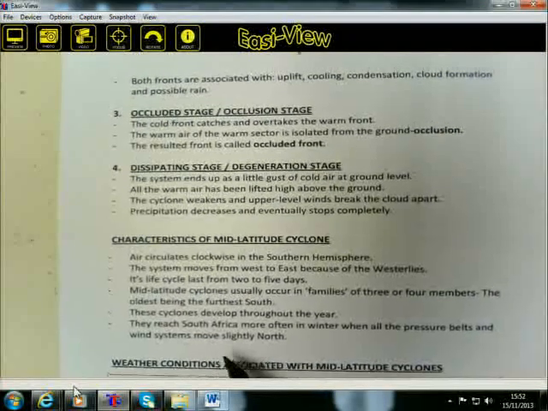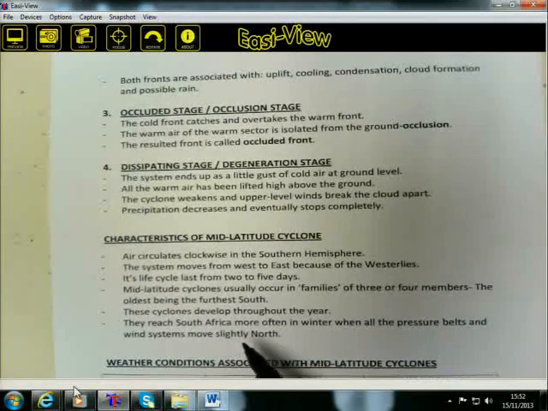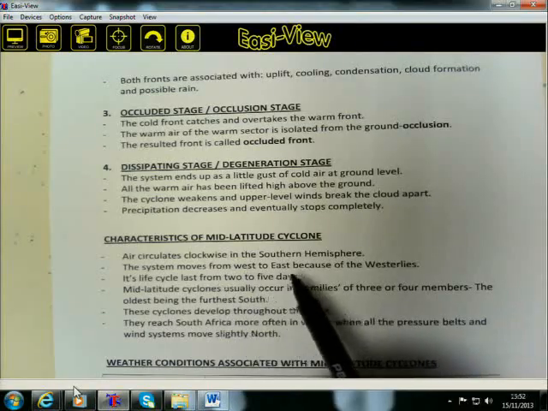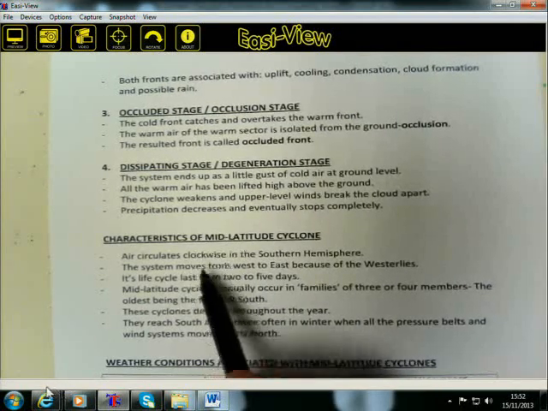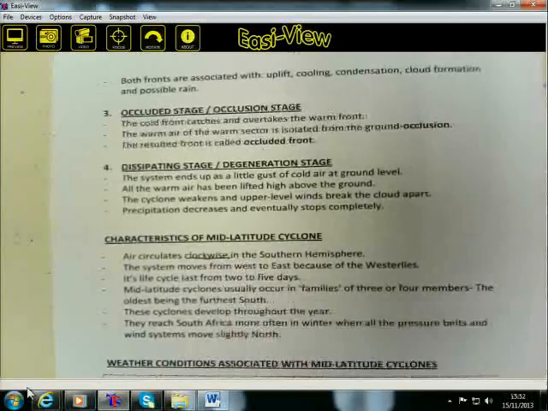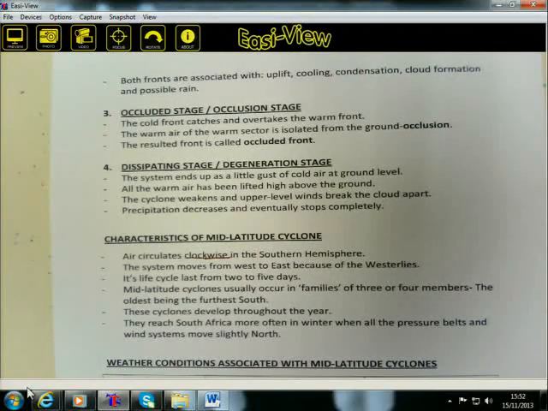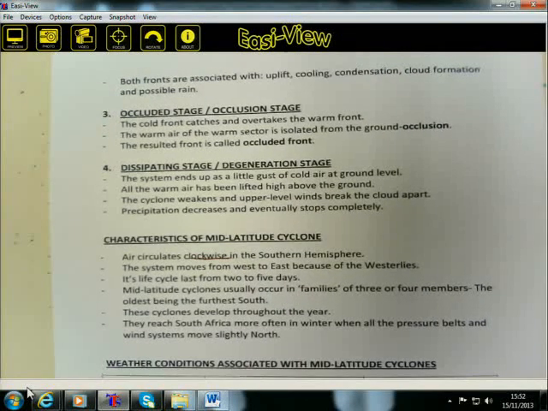One, the air circulates clockwise in the southern hemisphere. As we have seen, when the mid-latitude cyclone is developing, the air was circulating clockwise.